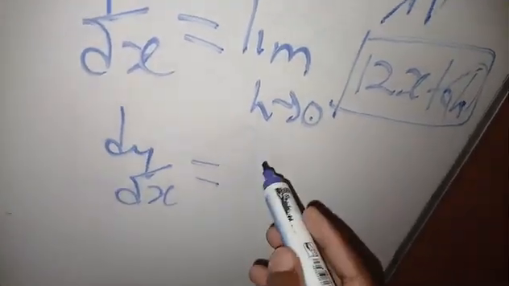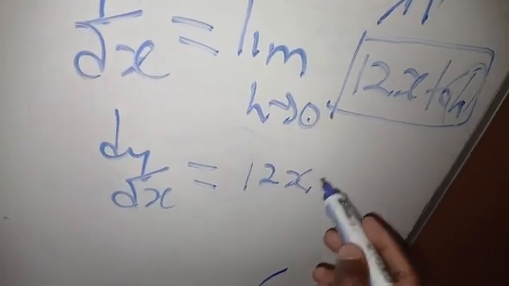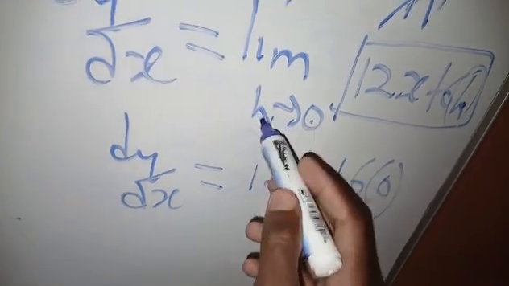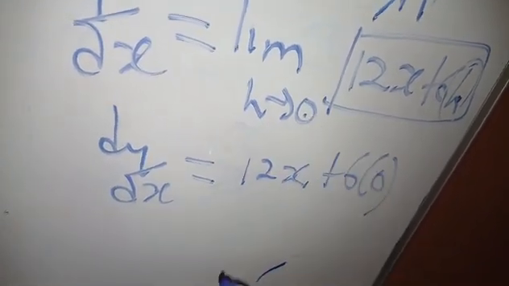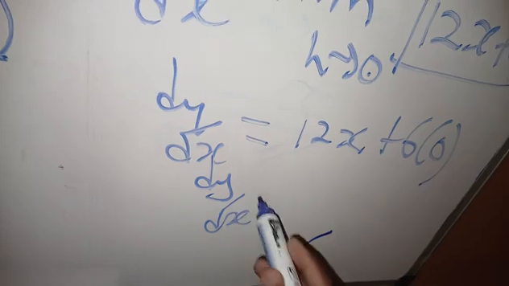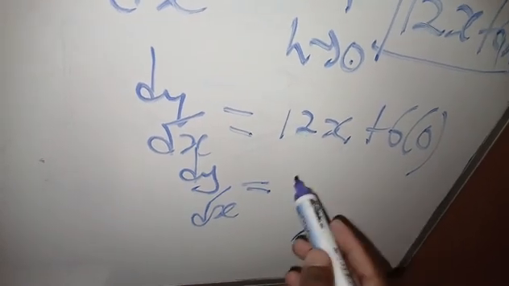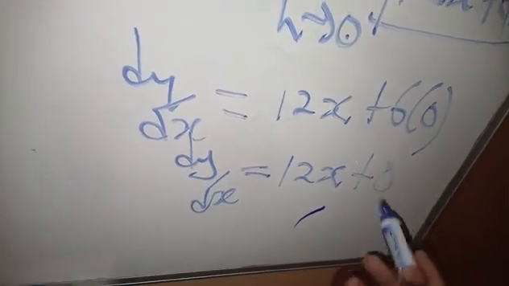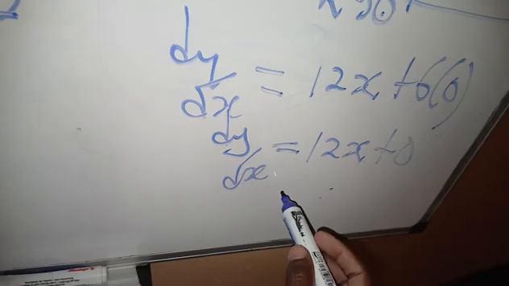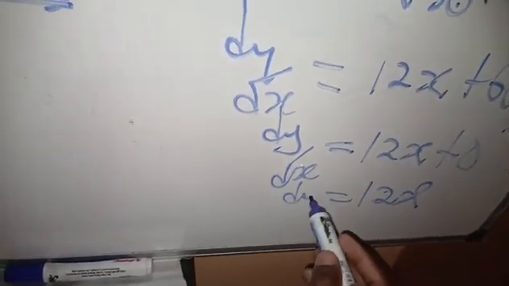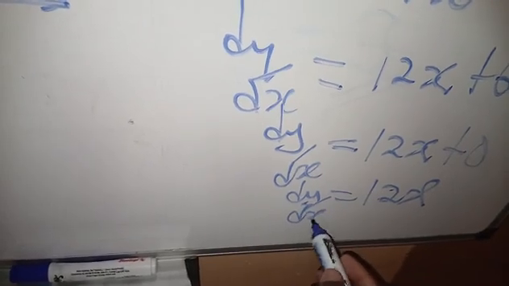You just substitute, you say 12x, and where there is h, I put 0, because I'm saying limit as h approaches what? 0. So this will be dy over dx is equal to 12x plus 0. So the final answer is simply what? 12x. This is our dy over dx. This is our gradient function.